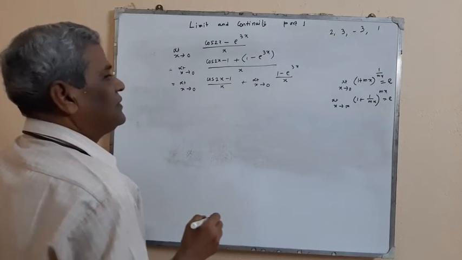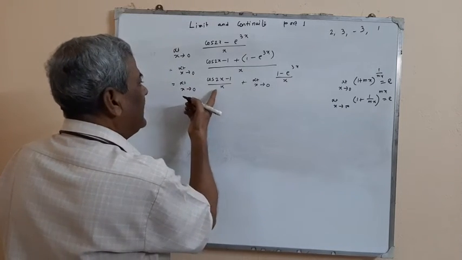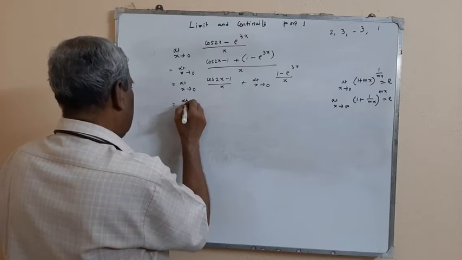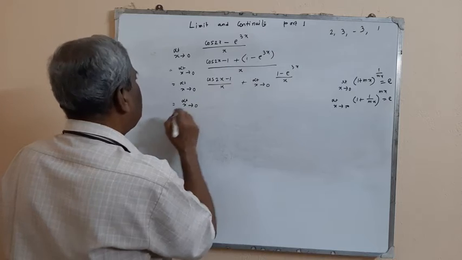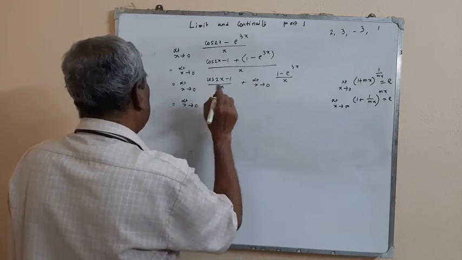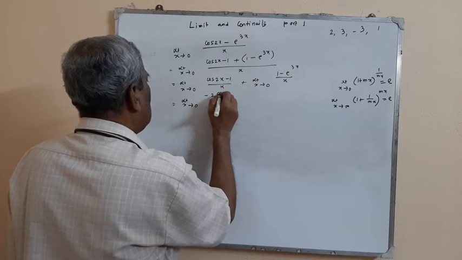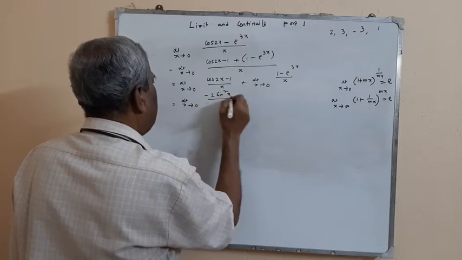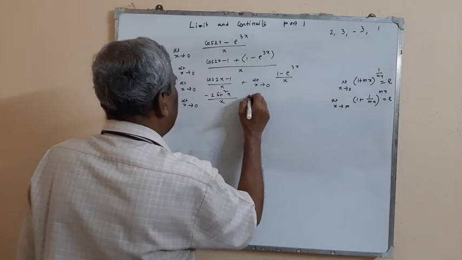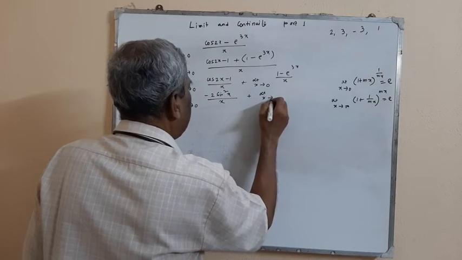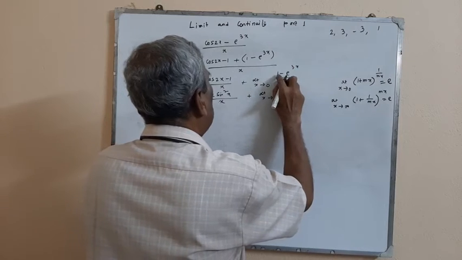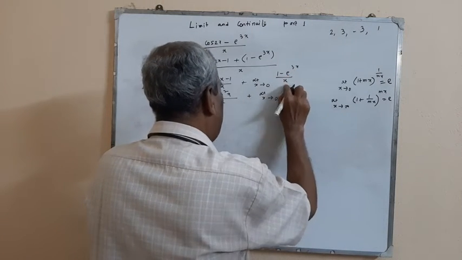Now the second part. It is equal to limit x tending to 0 of cos 2x minus 1, which is minus 2 sine square x, divided by x, plus limit x tending to 0. This has a formula: (1 minus e to the power mx) by mx.